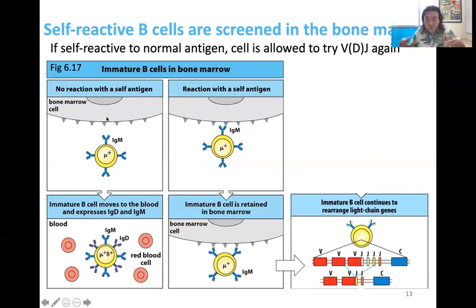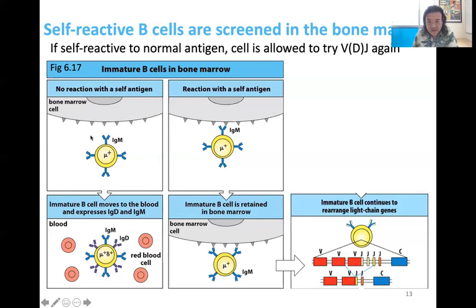So in the bone marrow, it's surrounded by examples of self-antigens. Other cells that it's interacting with in the bone marrow tissue present a whole bunch of normal three-dimensional molecular shapes. So let's say here's a bone marrow cell with the B cell, and it has on its surface this triangular shaped molecule. And it turns out that this IgM, the little ends of it, you can see they're sort of flat, they're not triangular shaped, they don't bind.